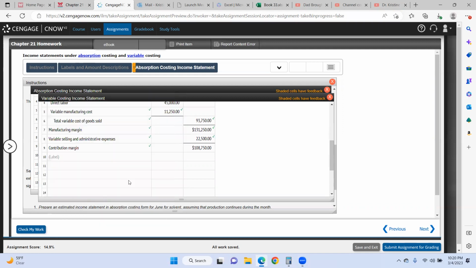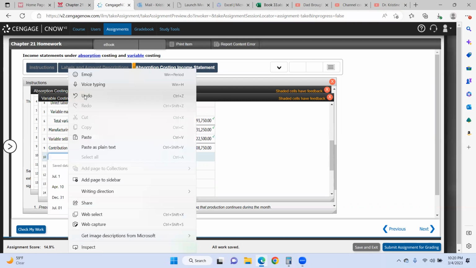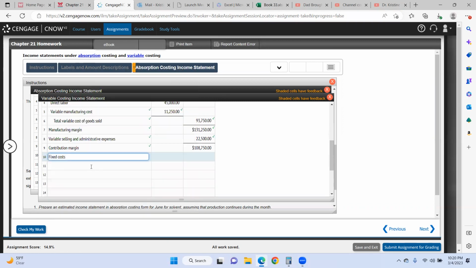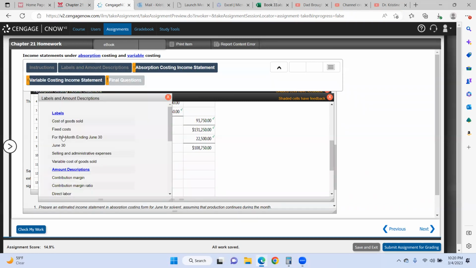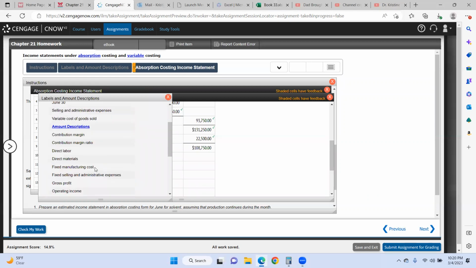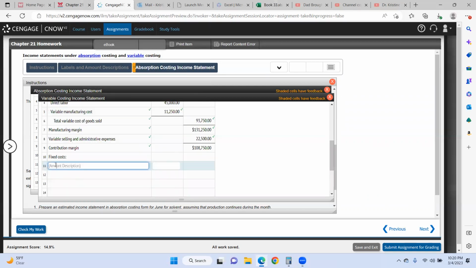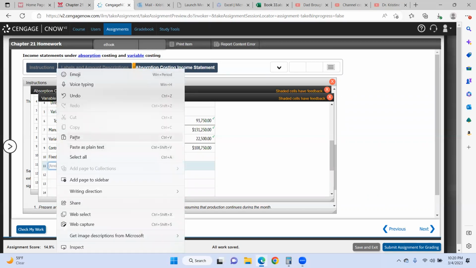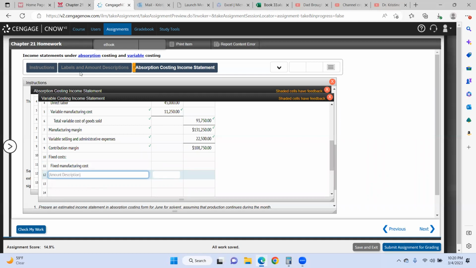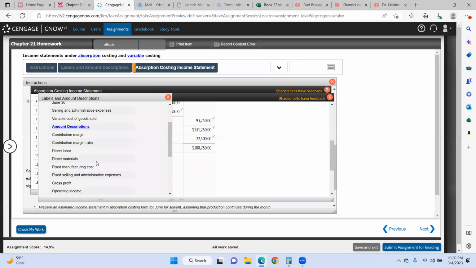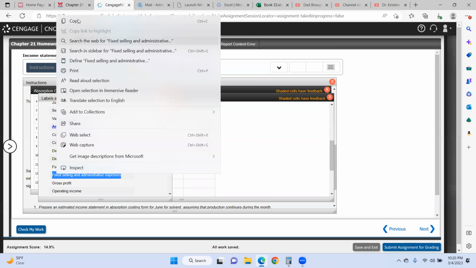We love a good fixed cost. That's a lot of fun. So I'm going to paste it there. The first one I'm going to have is that fixed manufacturing cost, and then that fixed selling and admin. One was 100,000.